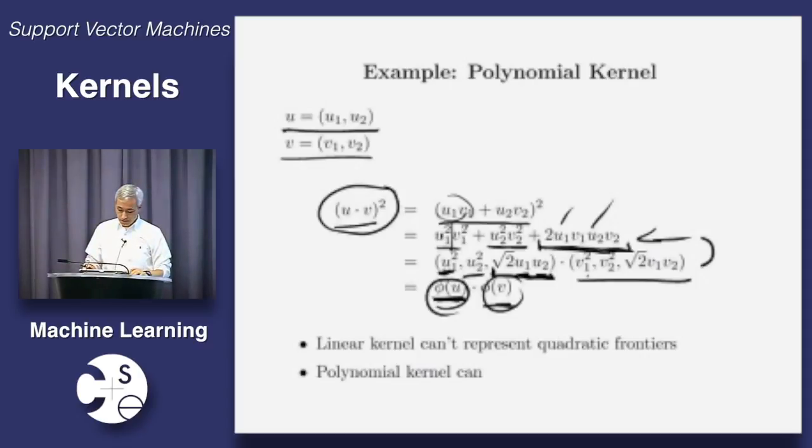Now you might ask yourself, okay, this is all very interesting, but what did I gain with this? And here's the amazing thing: I've gained a huge amount. Because with u dot product v, all I could do was form linear frontiers. But now I have quadratic terms at my disposal. And in fact, with a full polynomial, I can have any polynomial expression.